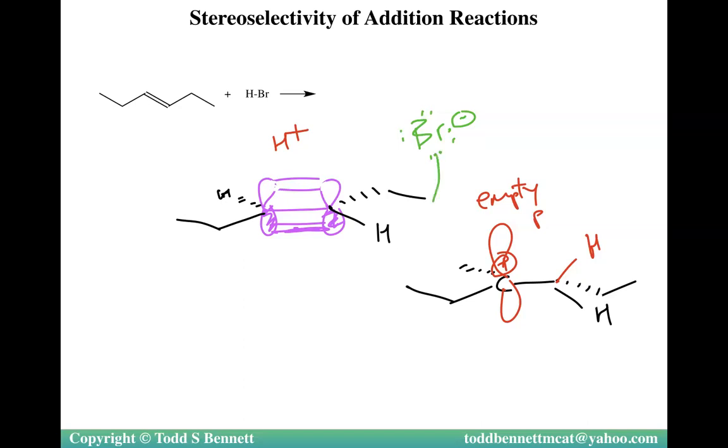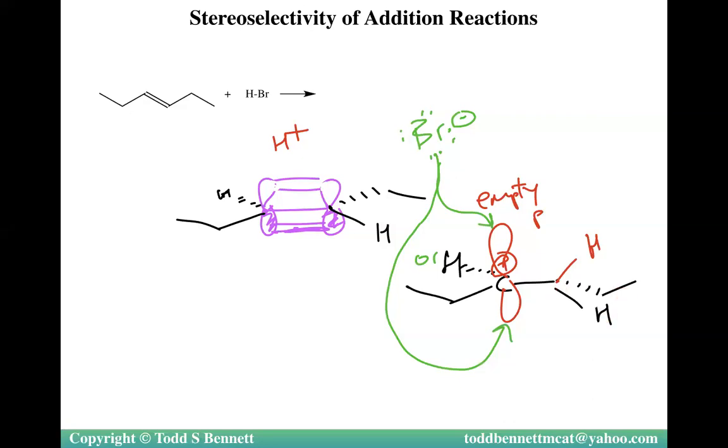This Br minus can come in from the bottom, or it can come in from the top and go either side. If it comes in from the top, we'll push these two groups down. If it comes from the bottom, push these two groups up, which means my chirality is going to change because I have an ethyl, an H, and a propyl group.